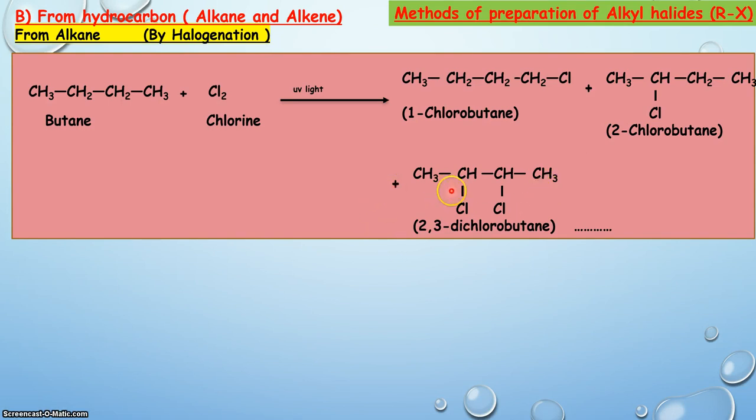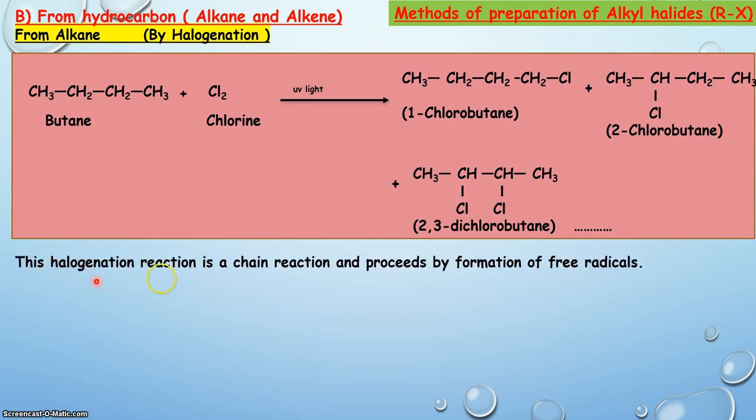Therefore, this halogenation of alkane is not a suitable method for the lab preparation of haloalkane. This is because a mixture of different isomers is formed, which are difficult to separate. But still, in certain cases, this free radical mechanism is useful. This halogenation reaction is a chain reaction and proceeds by formation of free radicals.